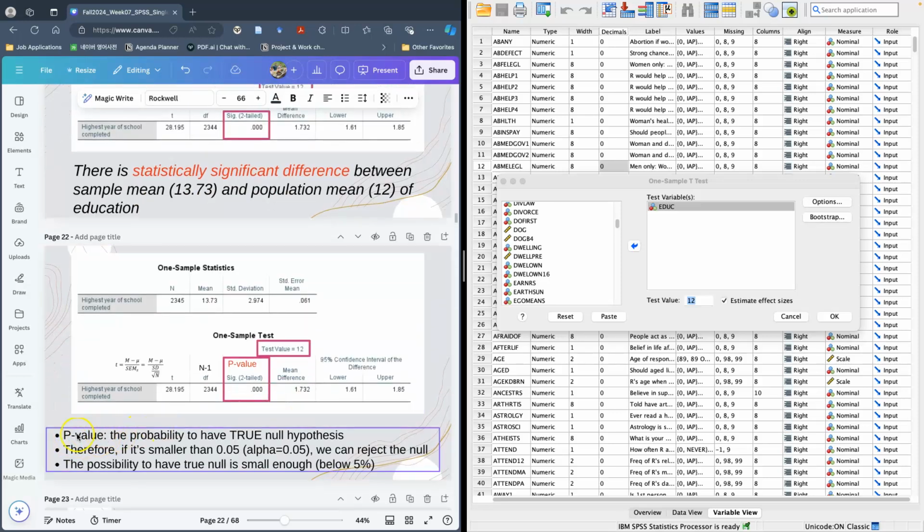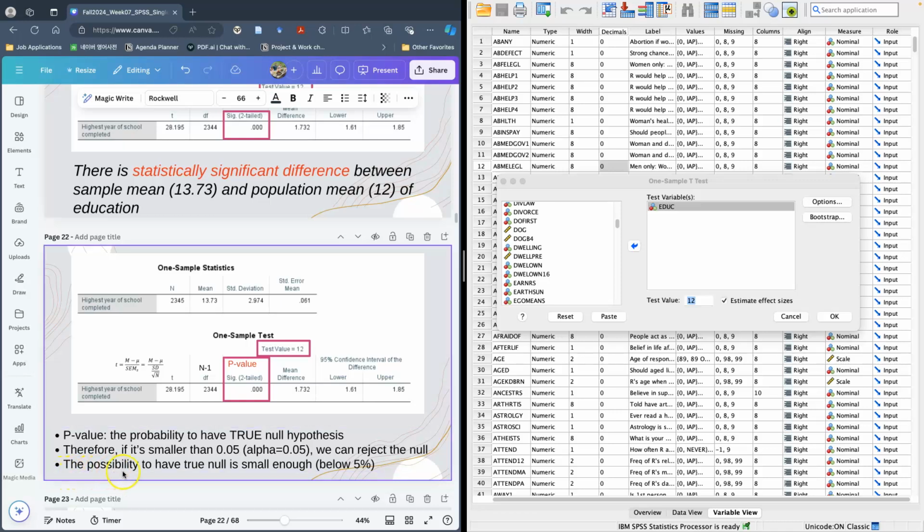The p-value is what we call the significance value. We will keep that norm throughout this semester. It is the probability of having a true null hypothesis. Therefore, if it is smaller than 0.05, we can reject the null.